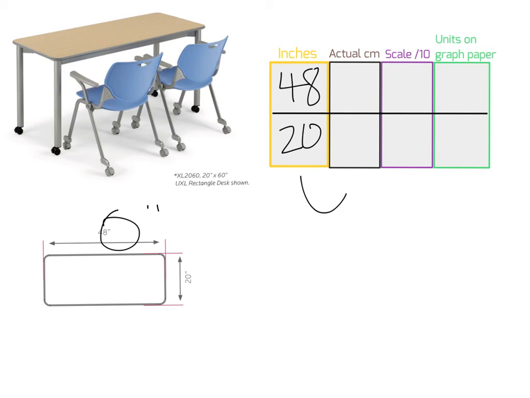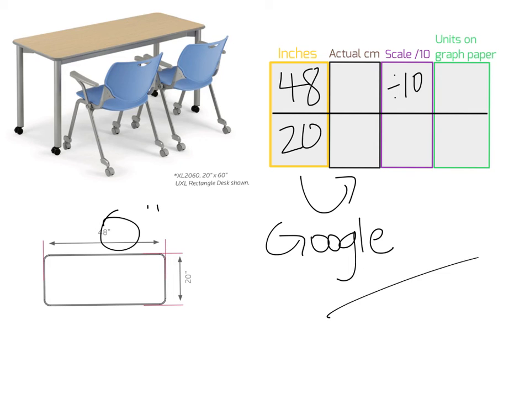So I would need to use Google to convert, find out my centimeters, divide it by 10 when I got to here, and then I would know how many units for my graph paper. And that's how you turn actual objects and scale them down so that they can fit on your 3D model.